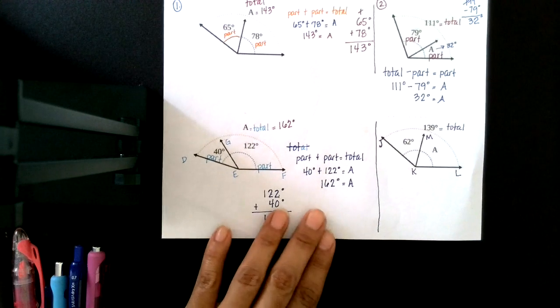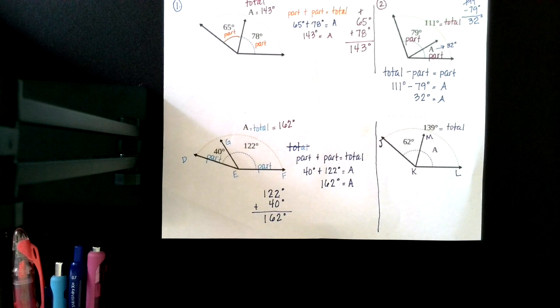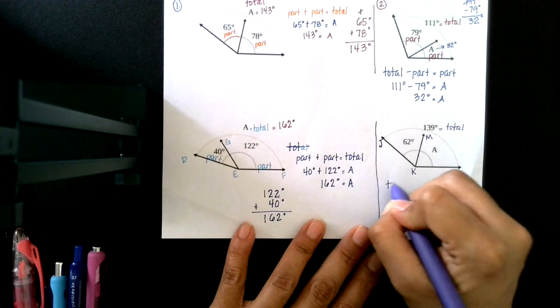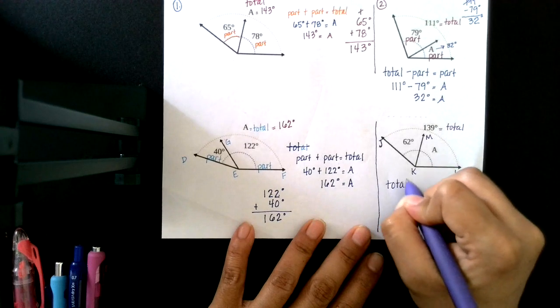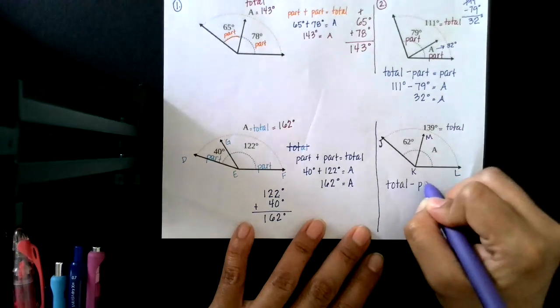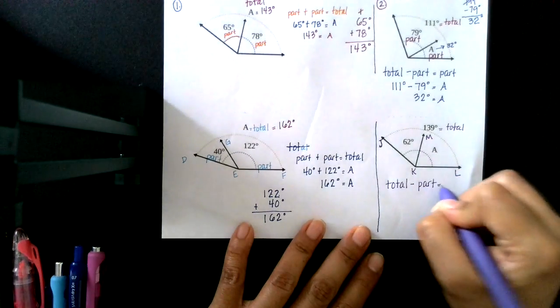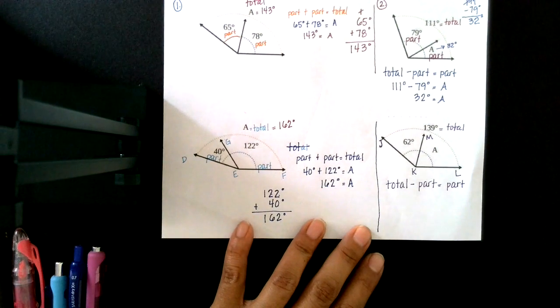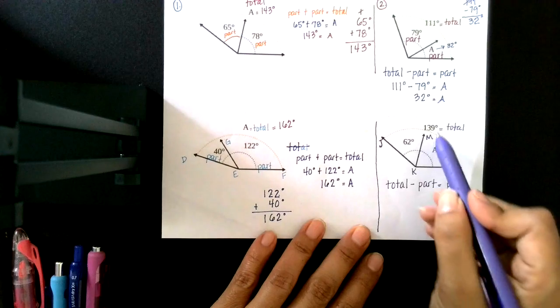So again, if we know the total and we have one of the parts, then we're going to choose formula B and we're going to use subtraction. Okay, so total minus part equals the missing part.